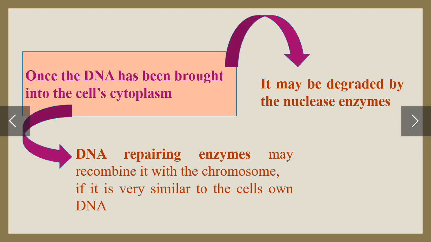Once the DNA has been brought into the cell cytoplasm, it may be degraded by nuclease enzymes, or DNA repairing enzymes may recombine it with the chromosome if it is very similar to the cell's own DNA.